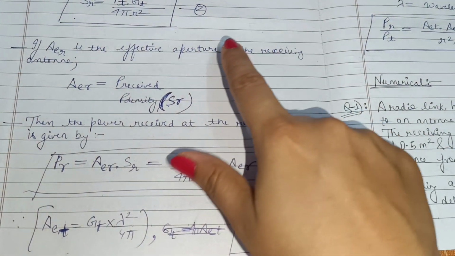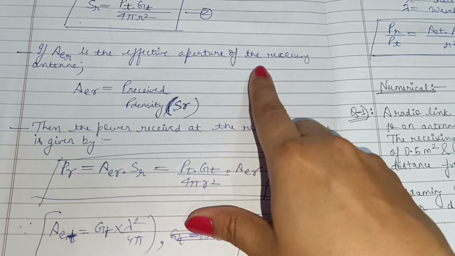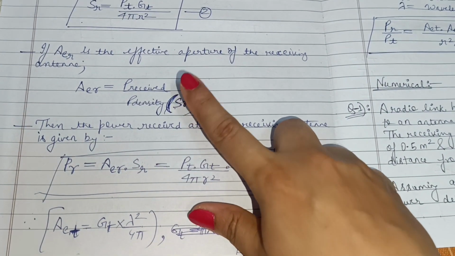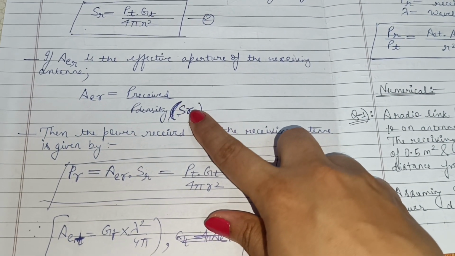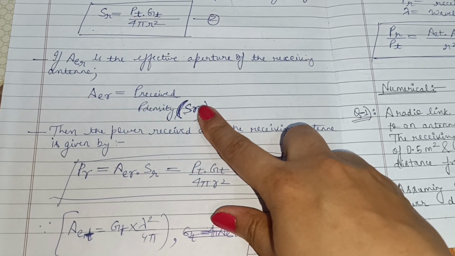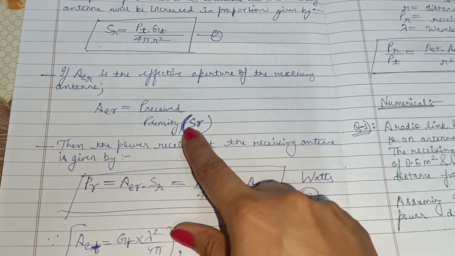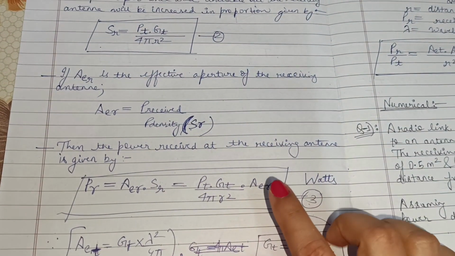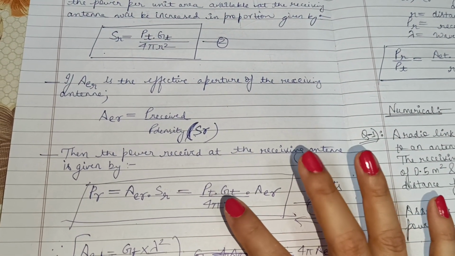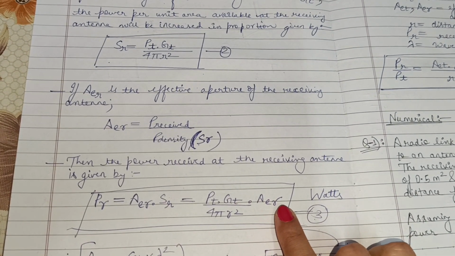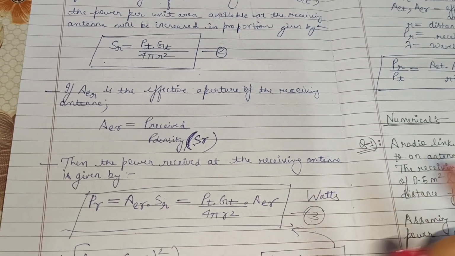If AER is the effective aperture of the receiving antenna, it is given by the received power divided by the power density. This is the power density we have calculated for the transmitting antenna. So what is PR? It is AER multiplied by SR. We know the value of SR, it is PT GT by 4 pi r square, multiplied by AER. This is given in watts.